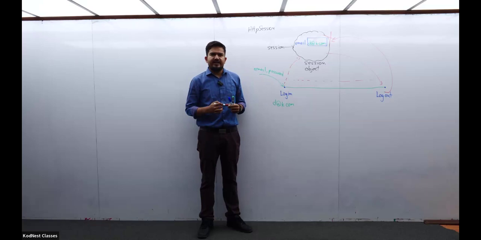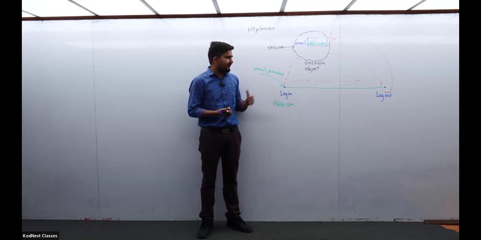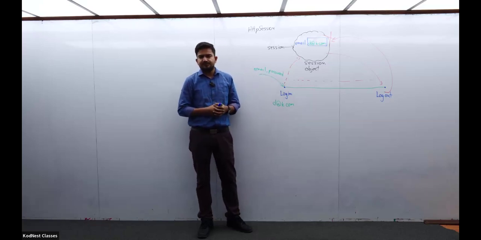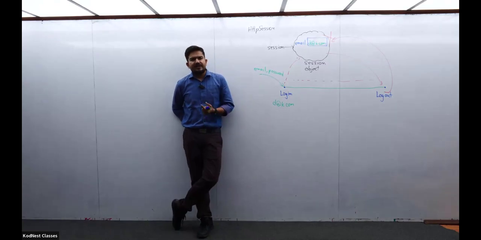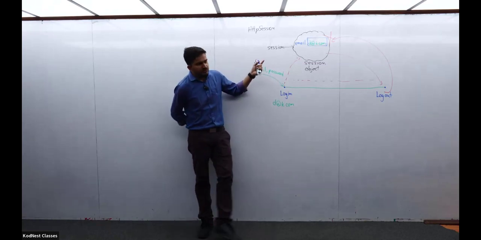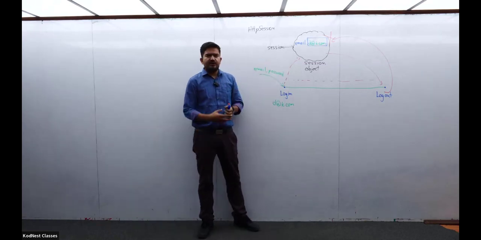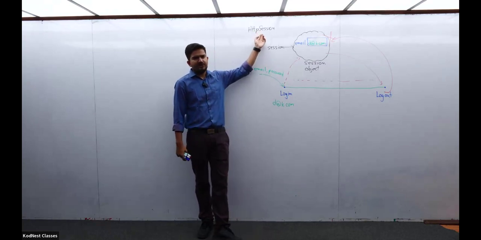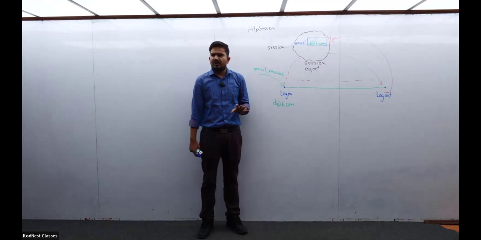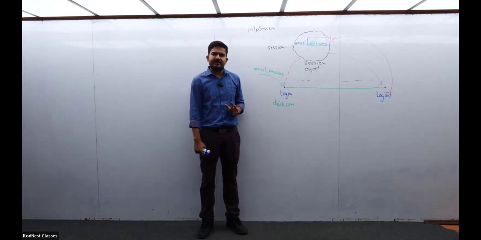Okay, so first, let's do one thing. A couple of places we will need this session object as of now. Wherever we have written the code for login, I think the /validate code, there we will have to accept one reference of the HttpSession type in the same method. Again, we will not need to create our own object. Spring Boot is going to give us the session object.